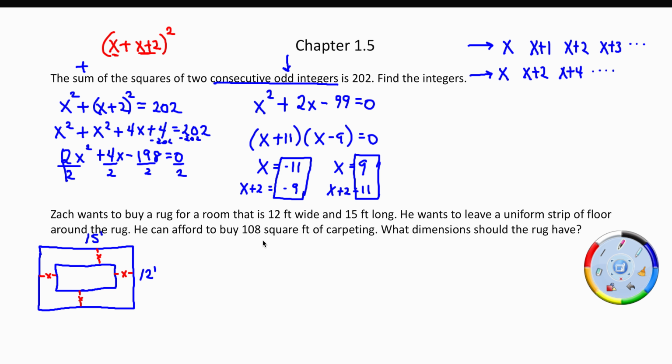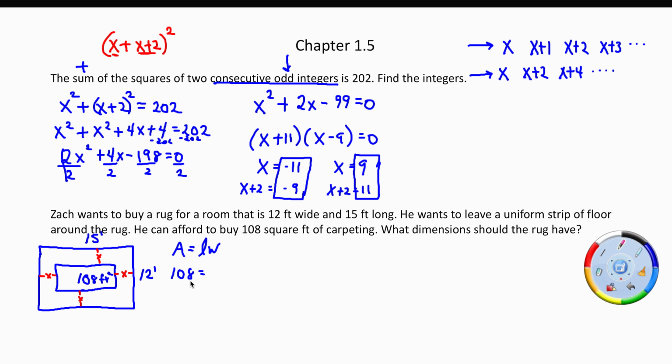He can afford to buy 108 square feet of carpeting, so I know that the area of this rug is 108 square feet. Oh, area. I know that the area of a rectangle is length times width. Okay, so I know the area of this rug is going to equal 108.